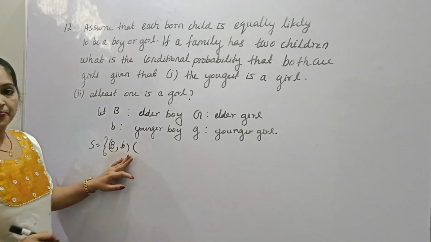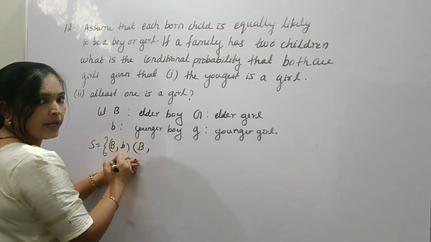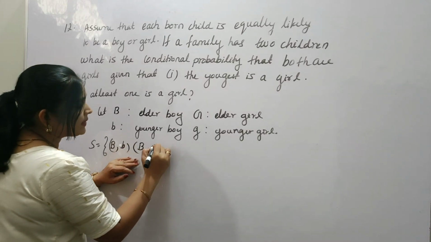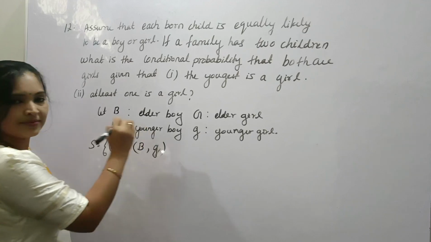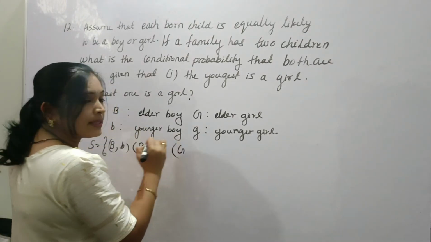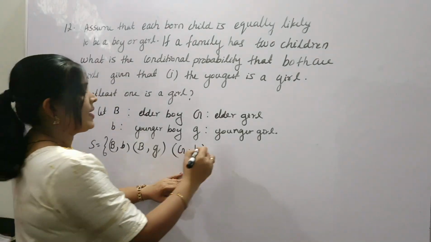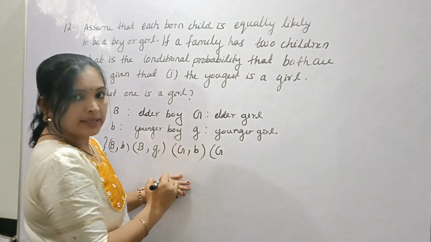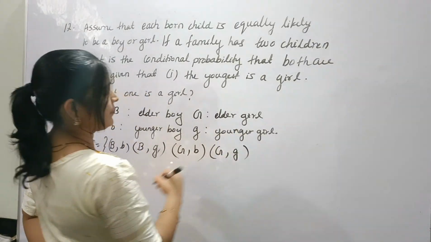Then next, first one boy, elder boy, then younger girl. Next is elder girl, then younger boy. Then elder girl, then younger girl.